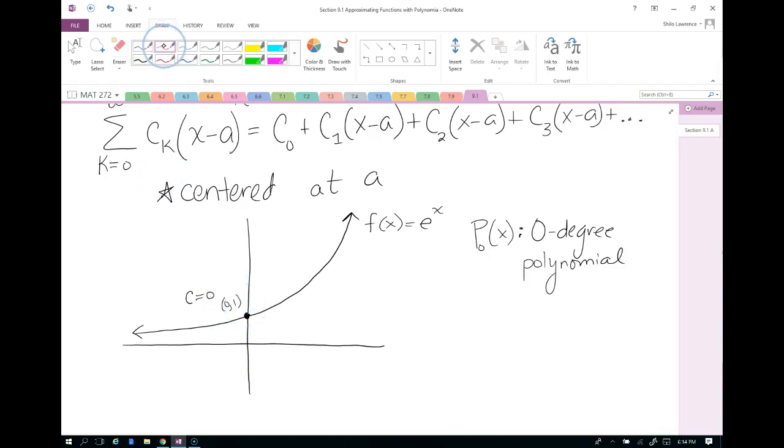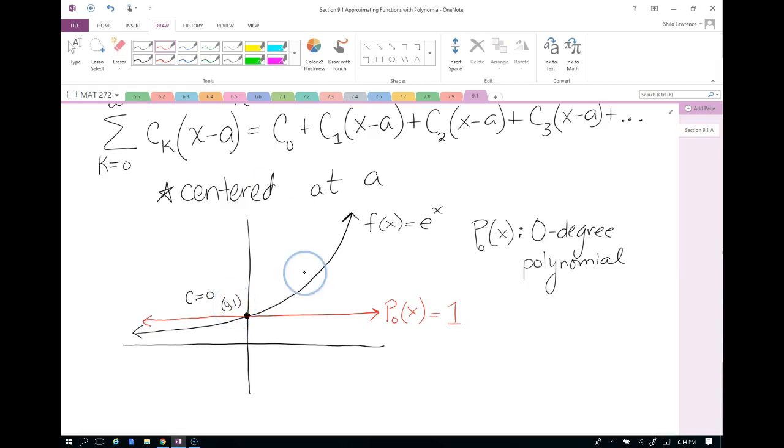And if I want my 0-degree polynomial to match up with that one, it needs to at least share that point. So that would be our p sub 0 of x. It's a straight line that just matches up with the value at our center.